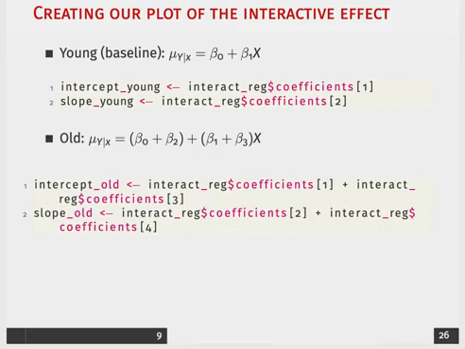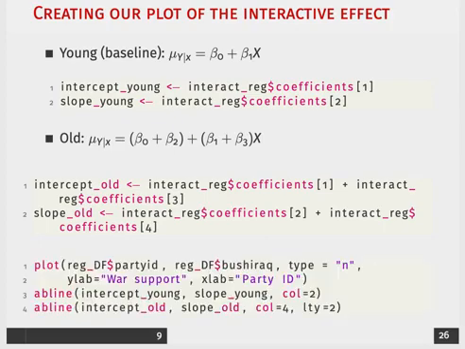Our intercept is not only going to be the first beta, or beta naught, but also, in addition, our third beta, technically the third in the list from the regression object. Then our slope is going to be a combination of beta 1, which is the second element in the coefficients, and beta 3, which again is the fourth element.